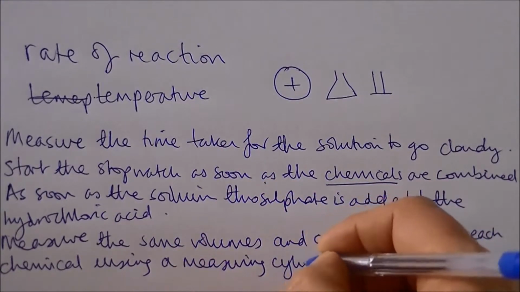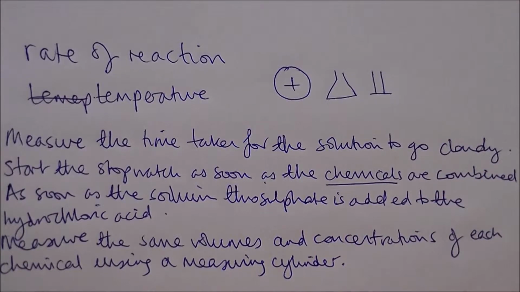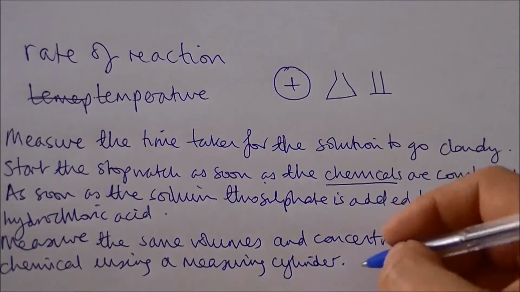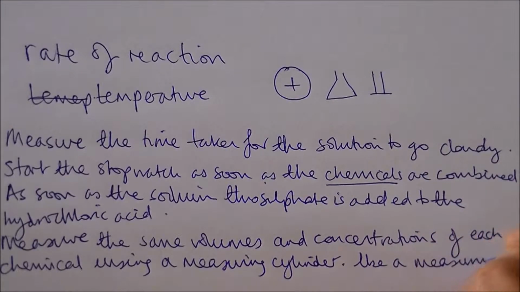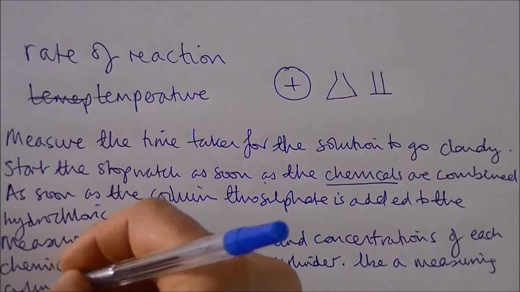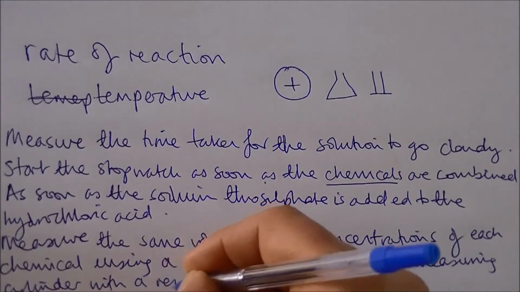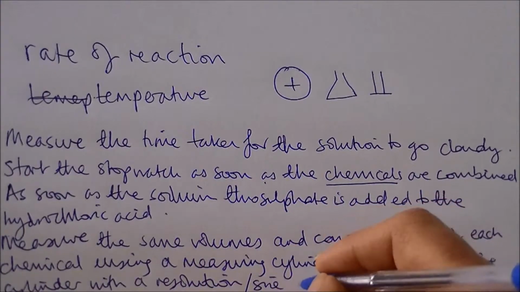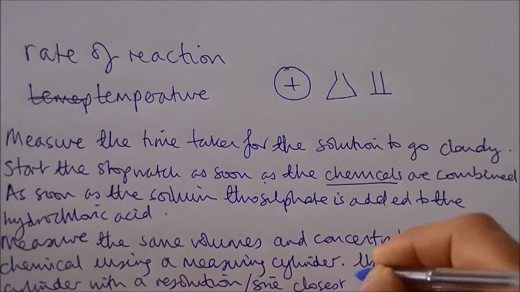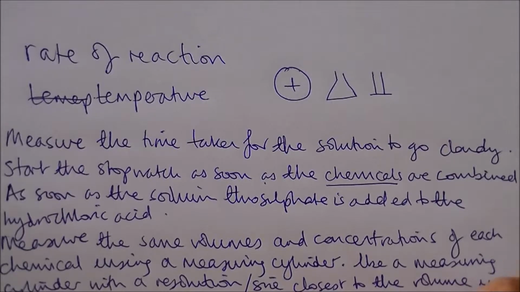Now, because I've revised really well, I know that in order to be accurate, you need to use a measuring cylinder with the smallest resolution possible. Might as well include it, it's going to take me a few seconds to write it. So, use a measuring cylinder with a resolution size closest to the volume you want.